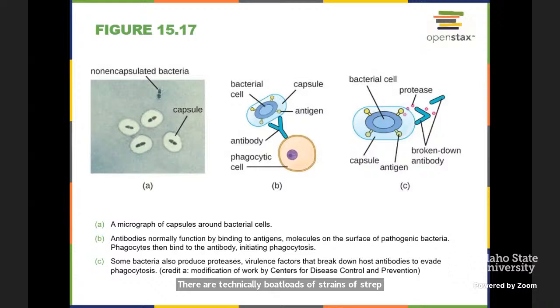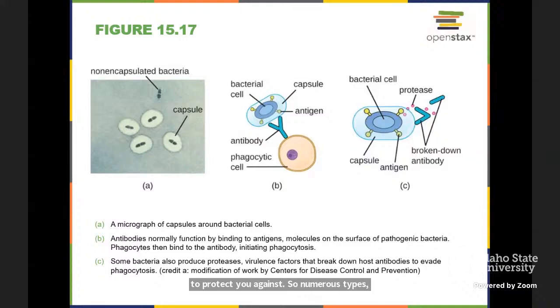You have probably heard of the different vaccines for Streptococcus pneumoniae, and they've got different numbers behind them. I think 16 and 26 or something like that. Those numbers are signifying strains that they're able to protect you against. So numerous types, all right?